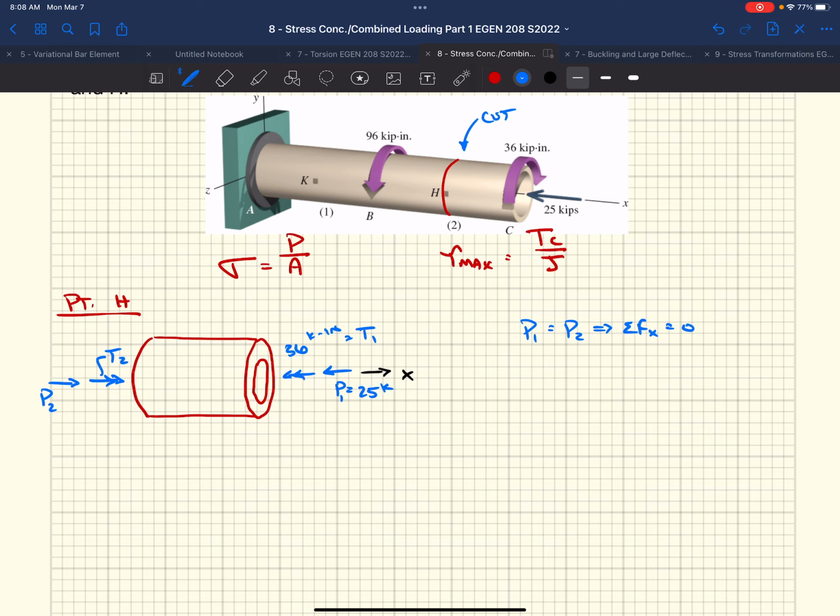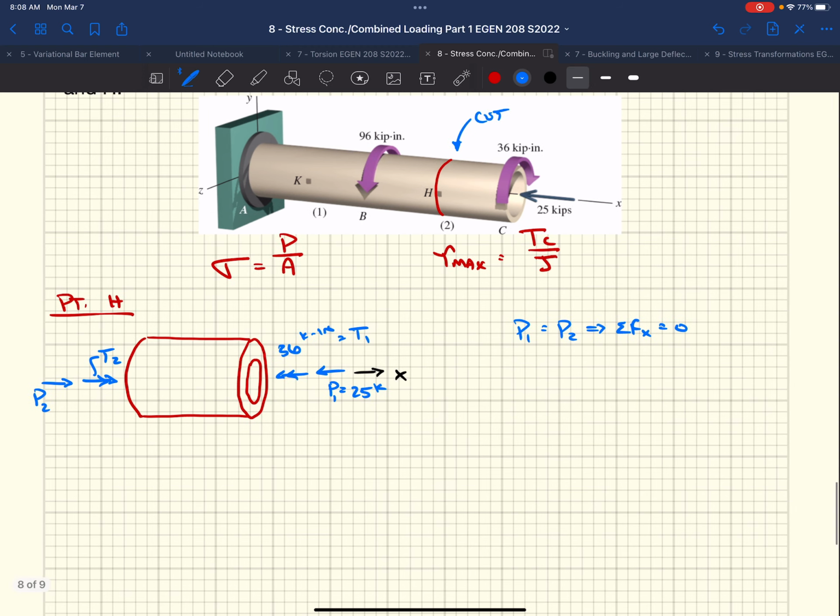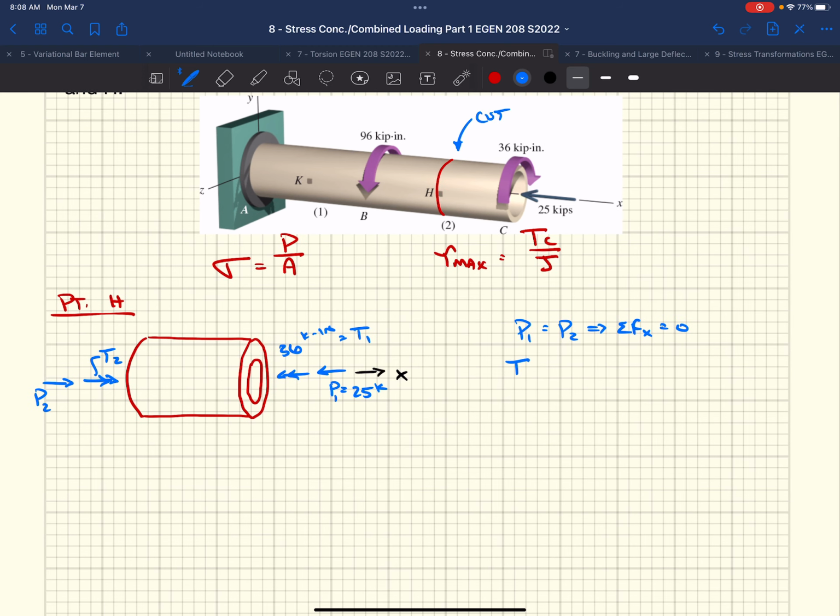We could also go about looking at some of the moments, right, about the x-axis. In this case, we have our two torsional forces, right? We could say T1 equals negative T2, right? Same with up here, sorry, P1 equals negative P2, vice versa. They have to act in equal and opposite directions.